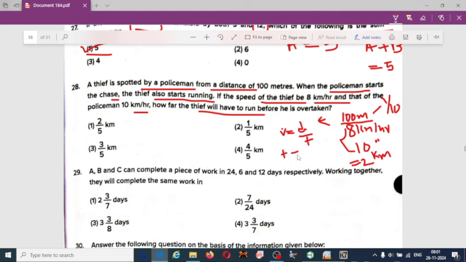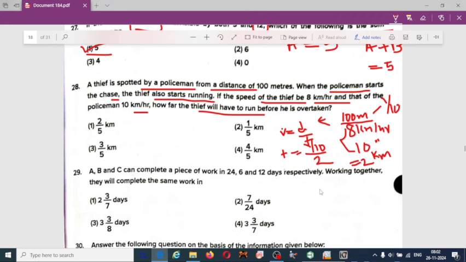T is equal to distance divided by velocity. Distance is 1 by 10, divided by the relative speed, 10 minus 8, that is 2 kilometers per hour. So this is the required time to catch the thief.